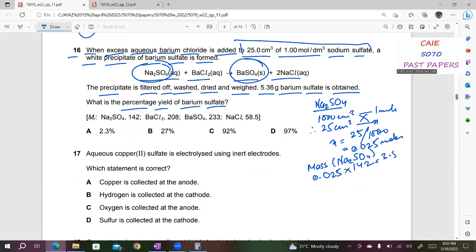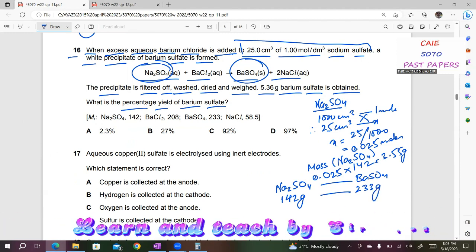This is the mass, 3.55 grams. So, Na2SO4 and BaSO4: 142 grams produces 233 grams of BaSO4.